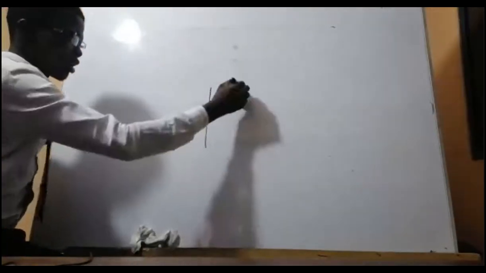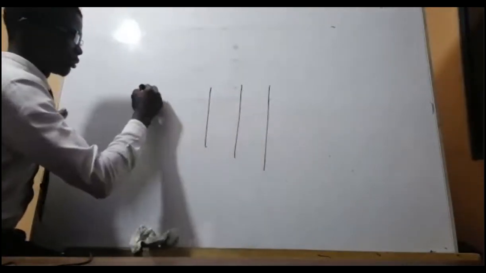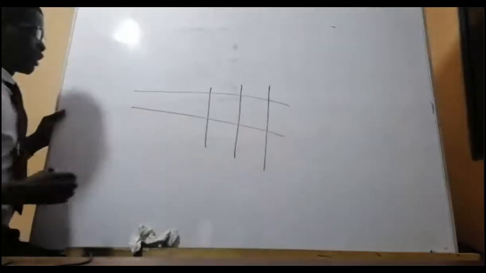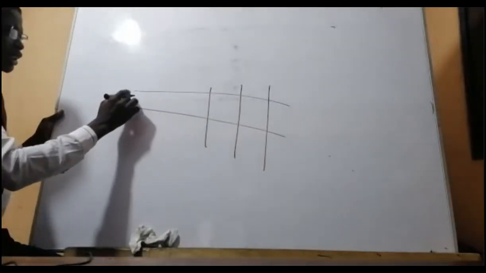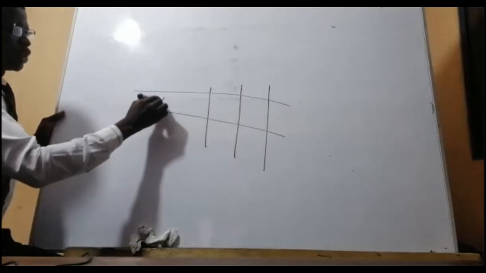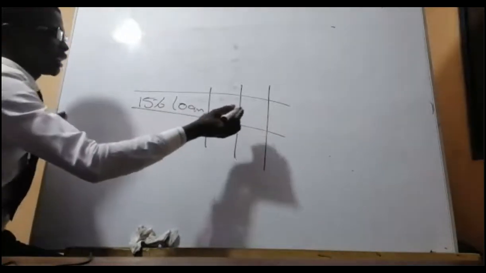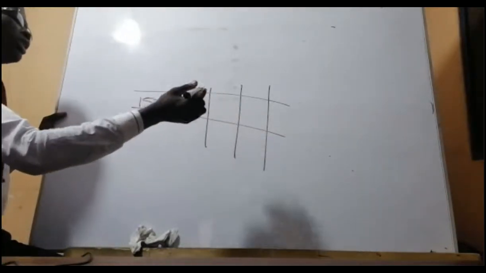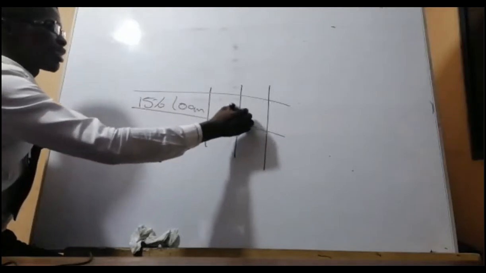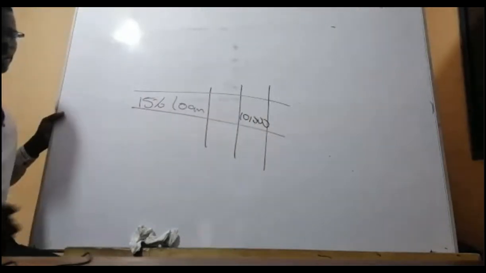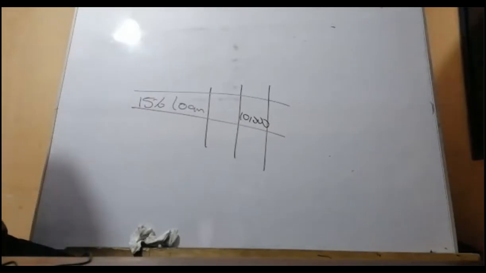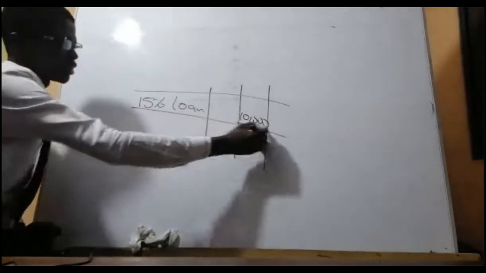Good. Now in the trial balance for the interest, this is how you are going to meet the interest. So I told you that 15% loan. And then the loan value, let's assume the loan value is 10,000. This interpretation: you pick a facility of 10,000, you are paying interest at a fixed rate every year.